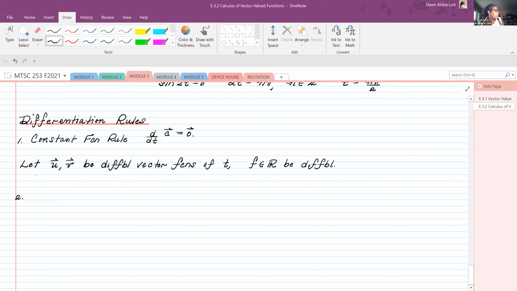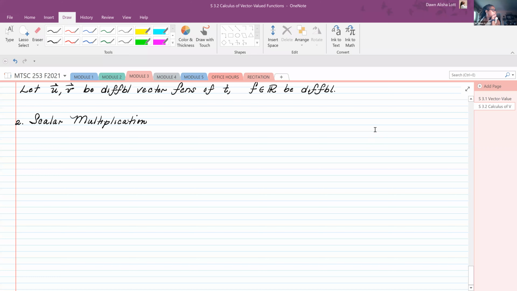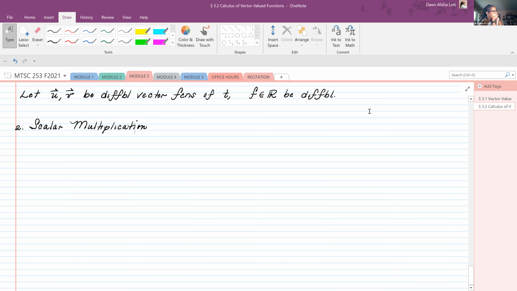All right, so scalar multiplication. C has to also be a constant, just a real number.